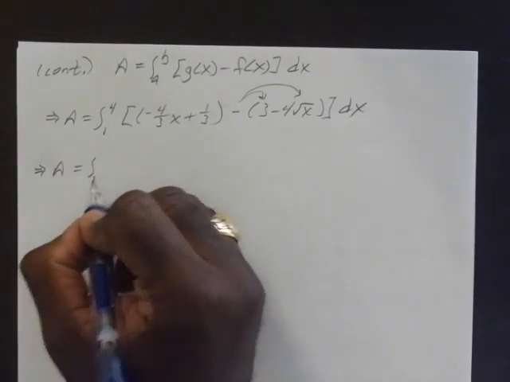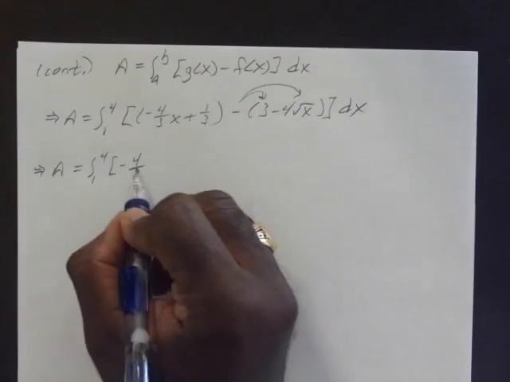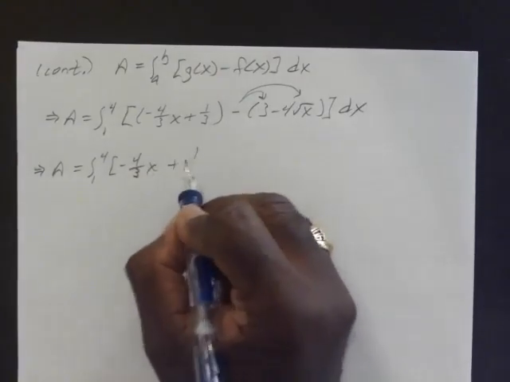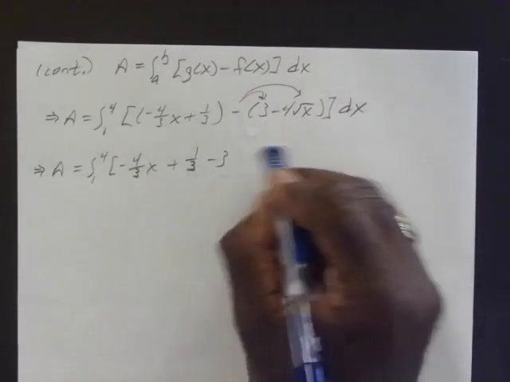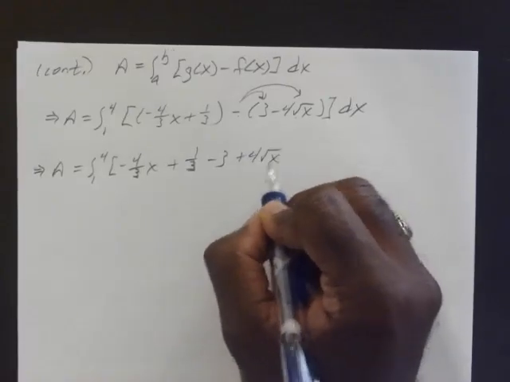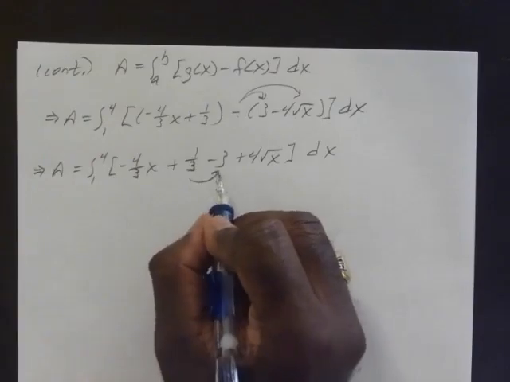Area is equal to the integral from 1 to 4 of negative 4/3 x plus 1/3 minus 3 plus 4 square root of x. So really the only two terms you can combine are the constant terms.